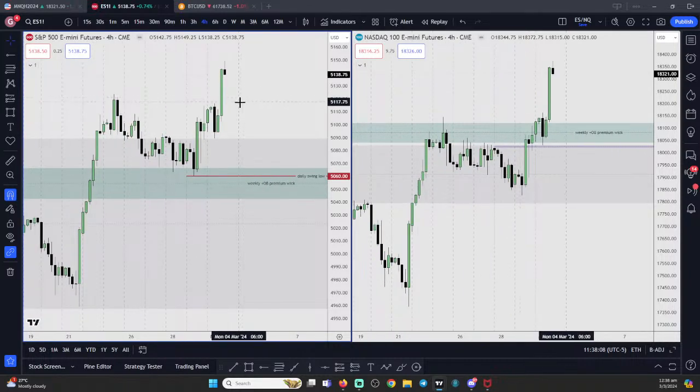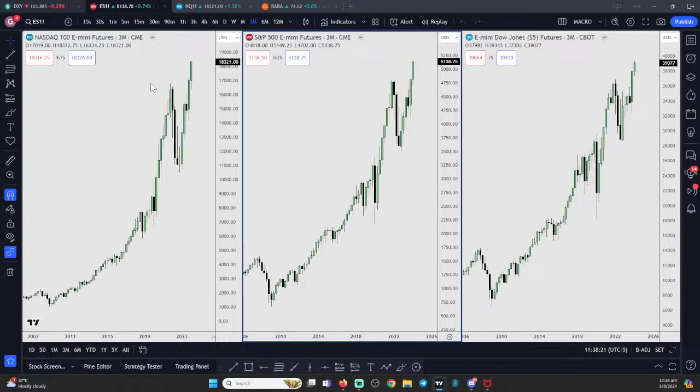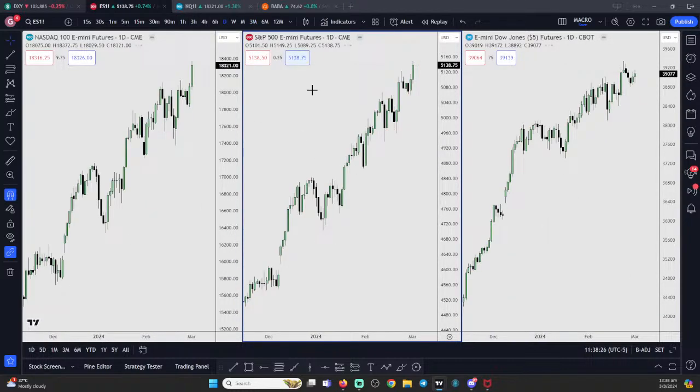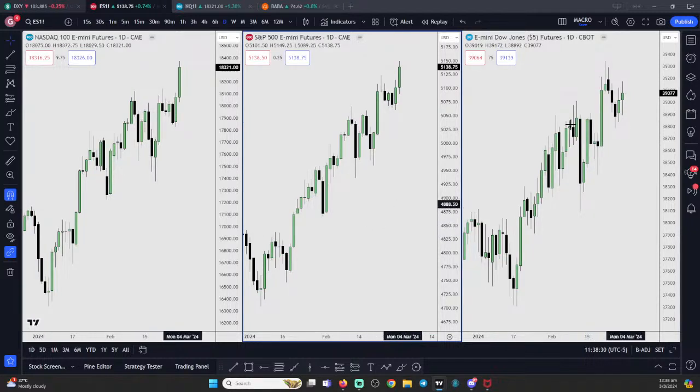And if we compare it with the Dow, right, let's pull up the charts here. On the daily, okay, the Dow did not make a higher high as compared to the other two indices.